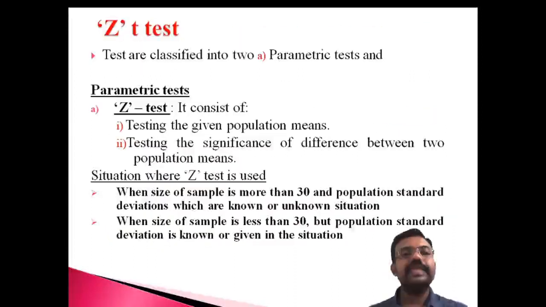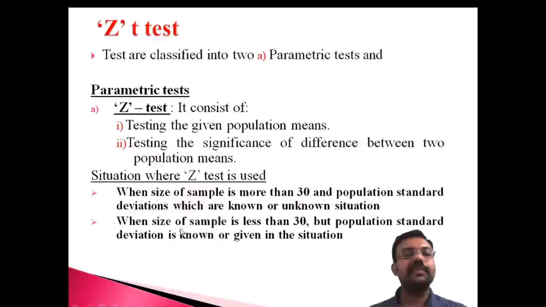After that, the first category of test is the Z test. The Z test is the most significant test for testing the population mean and sample mean. What is the rule for applying the Z test? When the sample size n is more than 30, and the population standard deviation is known or unknown, we can use the Z test.